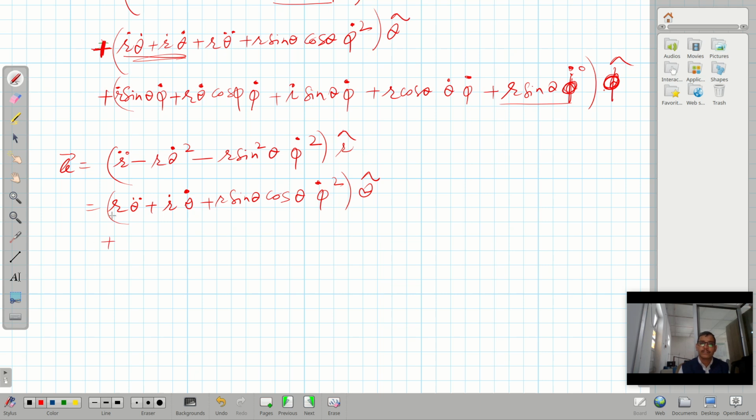So plus r sine theta phi double dot plus r dot sine theta phi dot, r dot sine theta phi dot. So it is 2 r dot phi dot sine of theta.